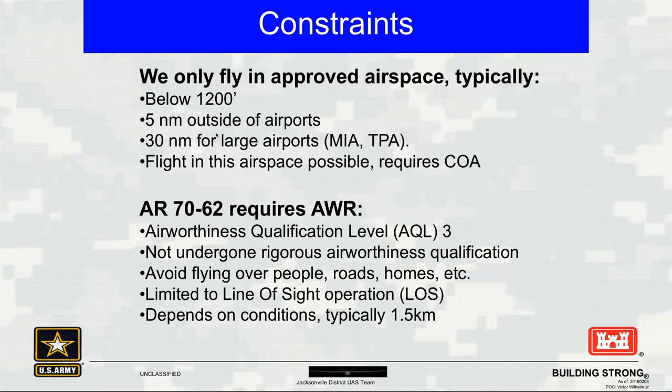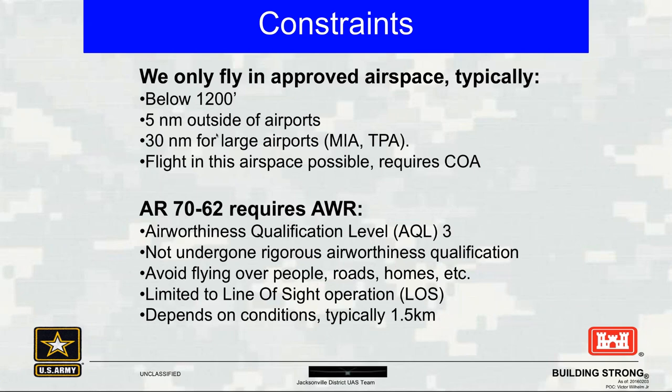You know, we still have to stay 5 nautical miles outside of that, and 30 nautical miles for large airports. So for us, it's West Palm Beach, Fort Lauderdale, Miami, Tampa. Flights in this airspace most of the time require a COA from the FAA.